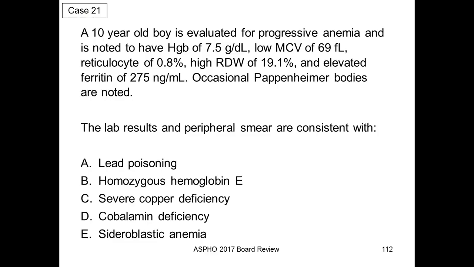So this is a 10-year-old boy evaluated for progressive anemia, and he's noted to have a hemoglobin of 7.5, a low MCV of 69, a poor reticulocyte count, high RDW, and elevated ferritin. As I noted in the inset, there are occasional Pappenheimer bodies present. So the lab results in the peripheral smear are consistent with, could this be an example of lead poisoning, homozygous hemoglobin E, severe copper deficiency, cobalamin deficiency, or sideroblastic anemia?